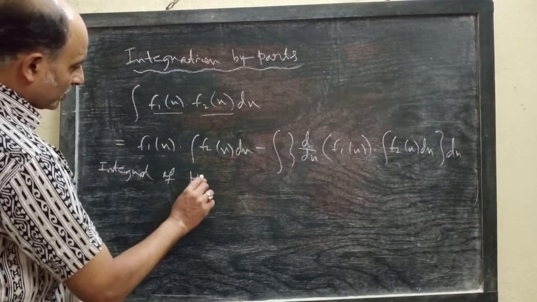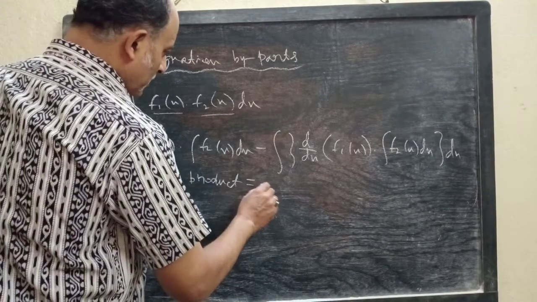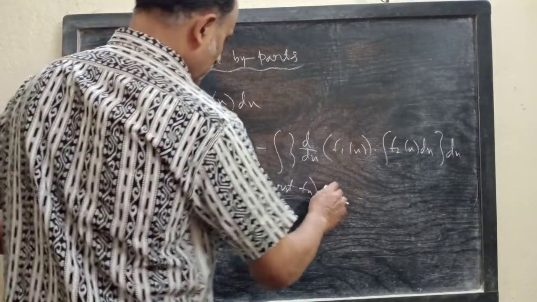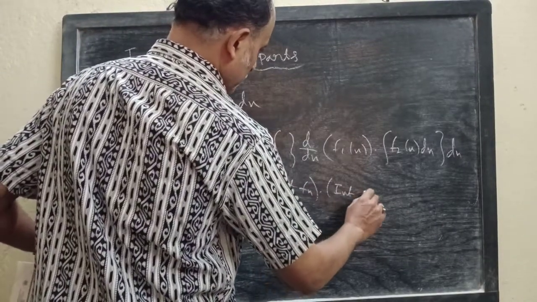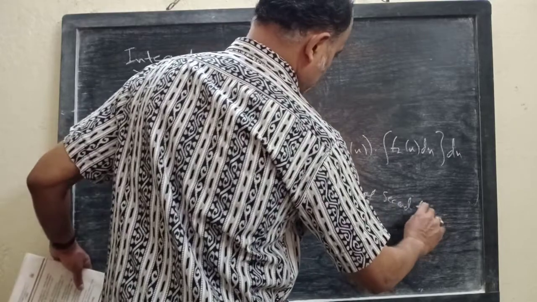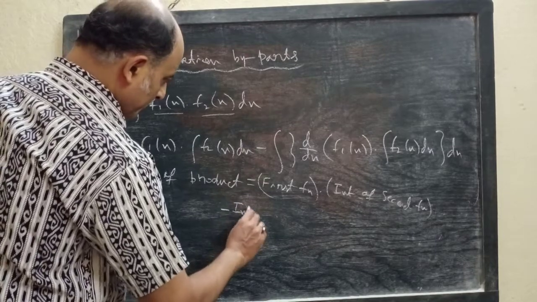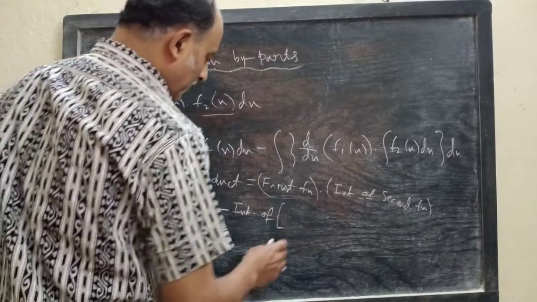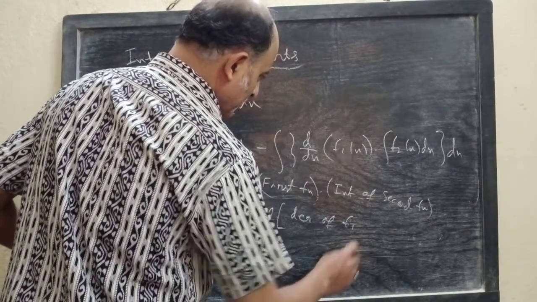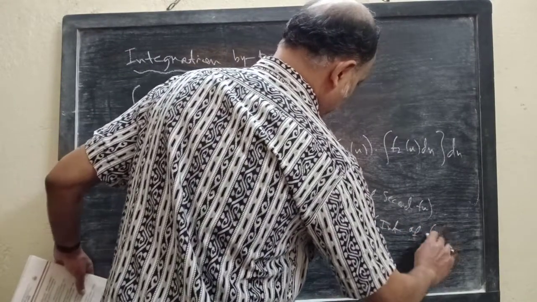Integral of a product, product meaning product of two functions, is equal to the first function into integral of the second function, then minus integral of, third bracket, derivative of the first function, that is f1', into integral of the second function, that is f2.